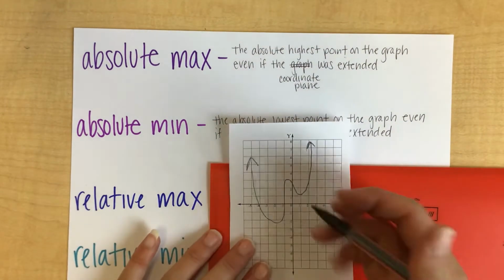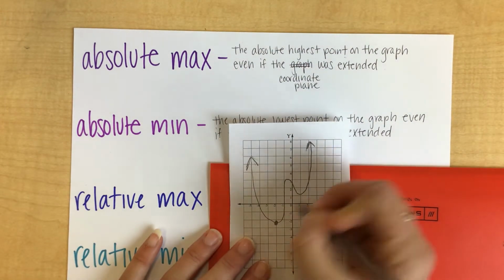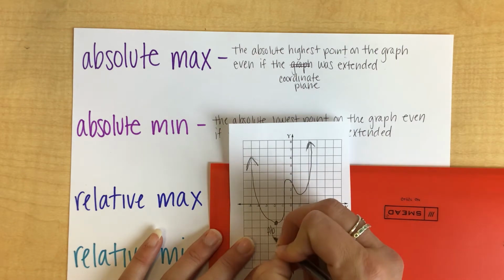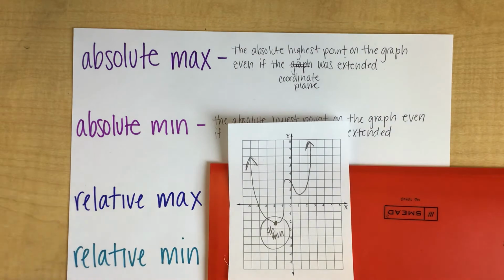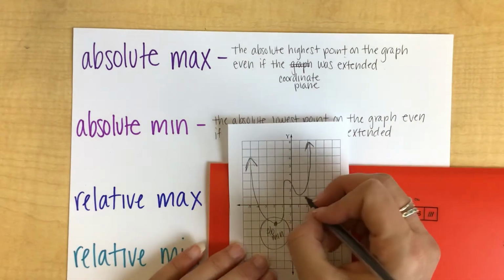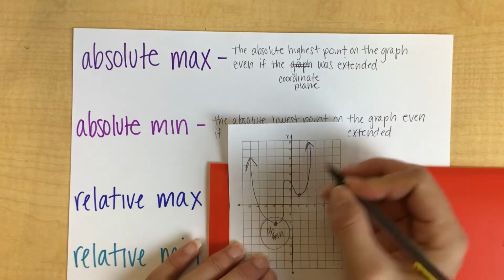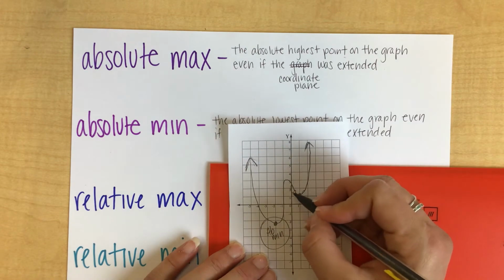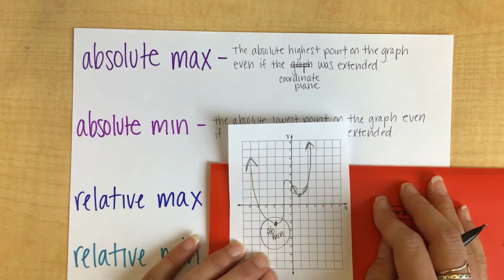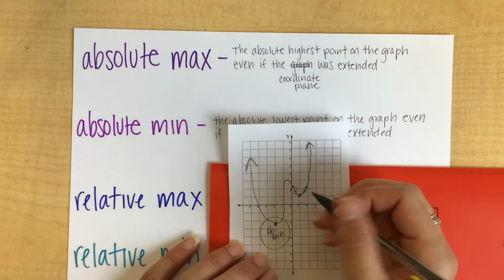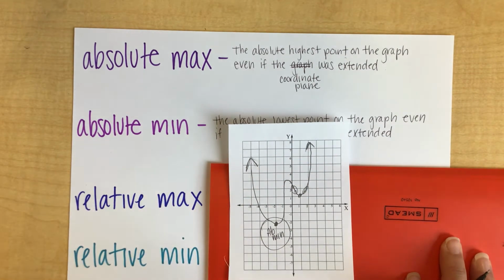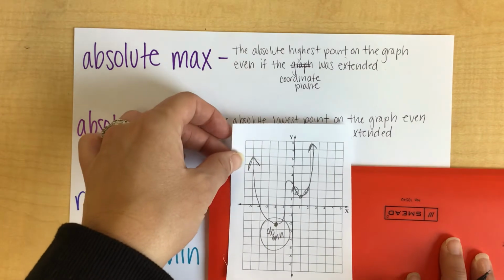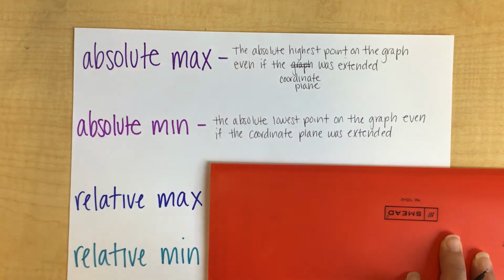I am going to have an absolute min though, and it goes right there because that is the lowest point on the graph, no matter what. Now, this one is going to be our relative min because compared to the area around it, it's the lowest point, but it's not the lowest point on the entire graph. Sometimes you're going to have graphs that don't have an absolute max or min, and that's okay.